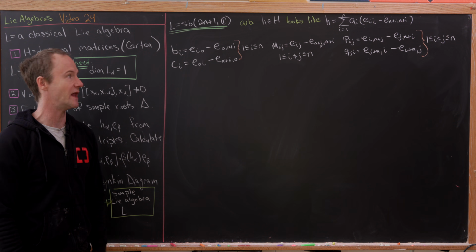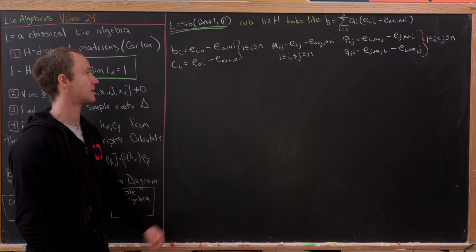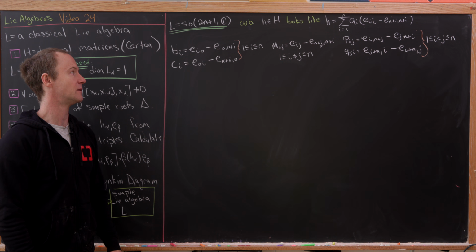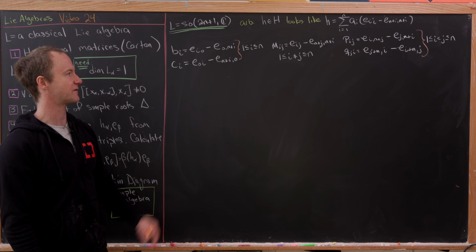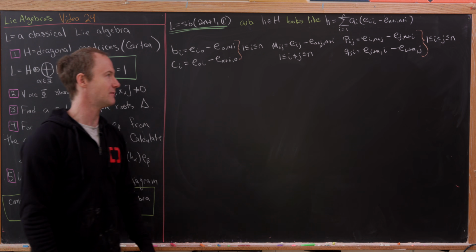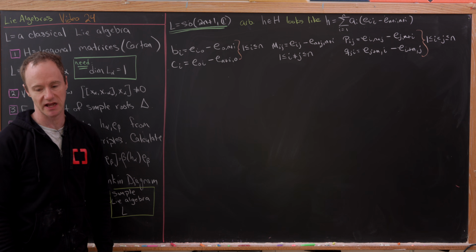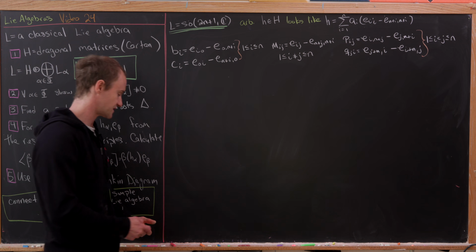There's one index that is non-zero here. So we have BI as EI0 minus E0,n+I, and then similar for C. And then notice MIJ has that definition over there, and PIJ and QJI have similar definitions.